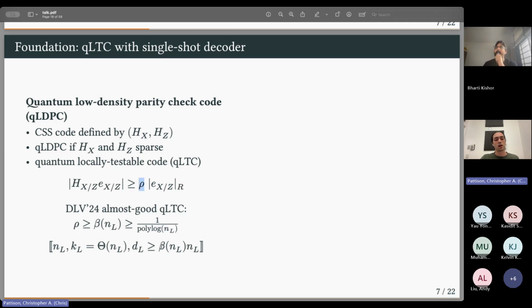And then the distance is not quite asymptotically good either; it's again off by a 1 over polylog. So these are almost the best possible parameters, but not quite. And that's going to cause us some troubles later, but I'll get into that towards the end.